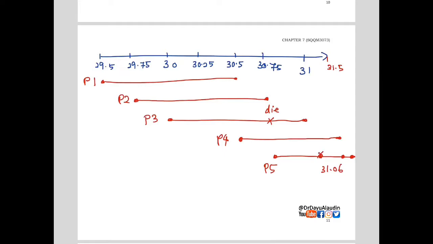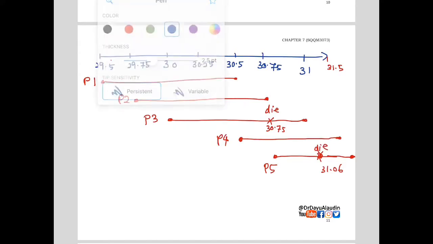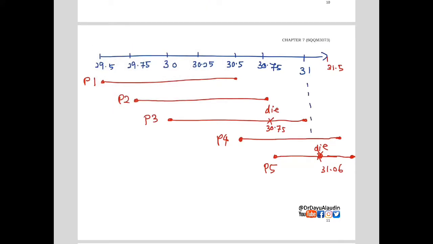He died. So person 5 died here, somewhere here, 31.06. So the interval is until 31.